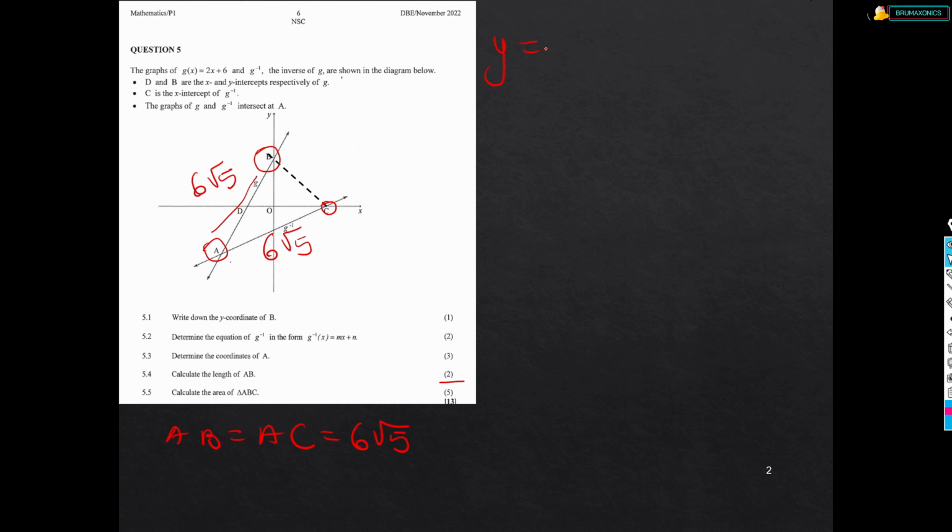The equation, which is equal to 1 over 2 minus 3. So I want to know here, at this point at C, we know that y is actually 0. So let's try to solve for x, right?